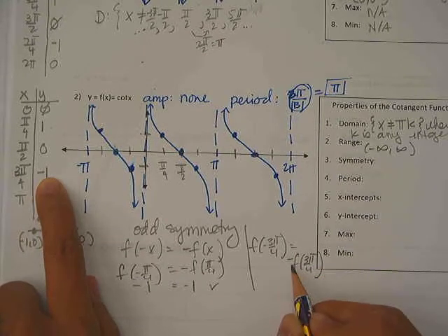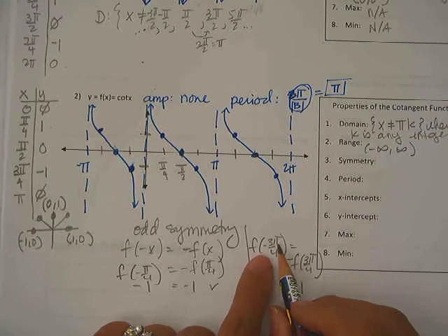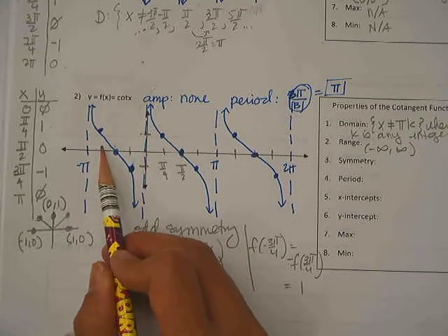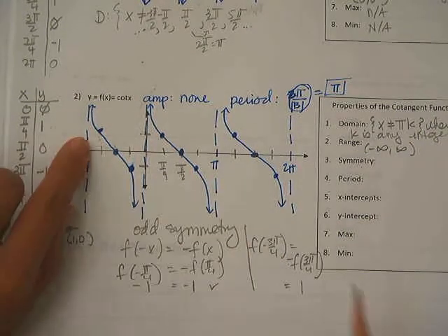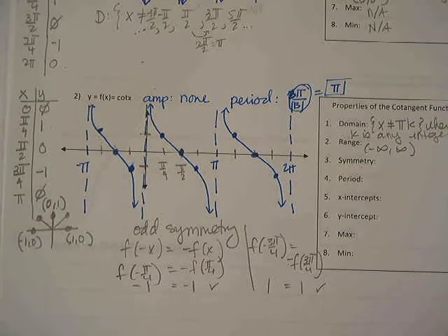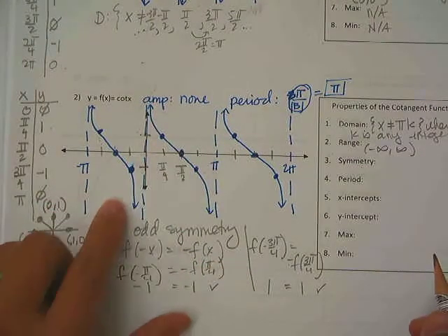But negative 1 times a negative in front is going to be positive 1. So now I'm just going to go over to the negative side: negative 1 pi over 4, negative 2 pi over 4, negative 3 pi over 4. At negative 3 pi over 4, the output is also positive 1. Check. Whoa. So even though this doesn't look like a symmetry about the origin, it actually is.